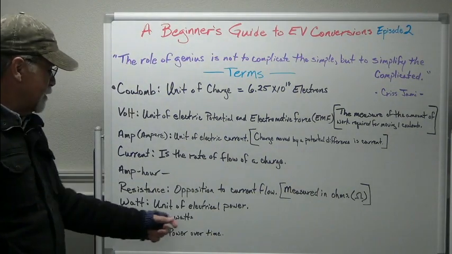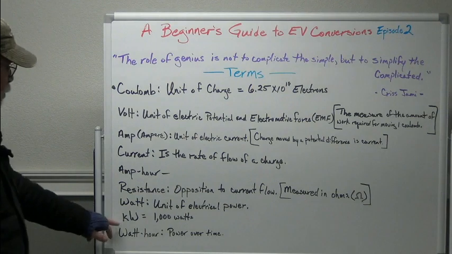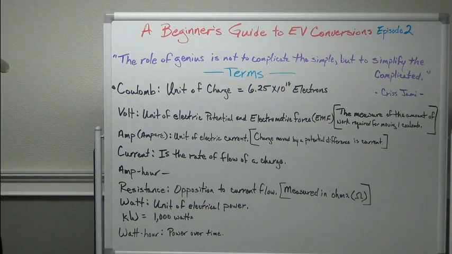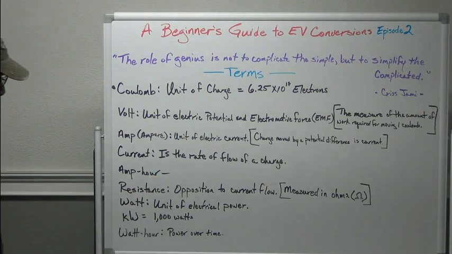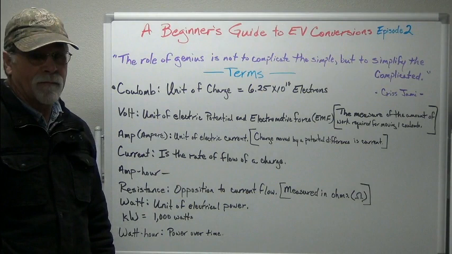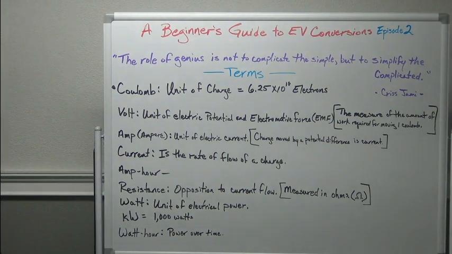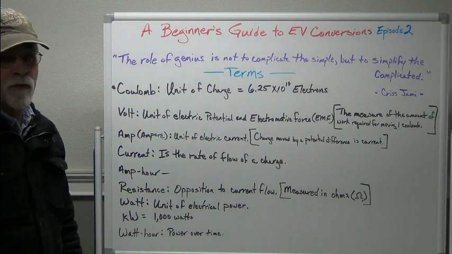A watt is a unit of electrical power, and a kilowatt is simply 1,000 watts. Watt hour is, just like an amp hour, instead of current over time, power over time. And we'll refer back to these things as we go forward.